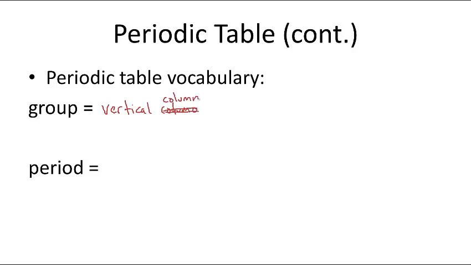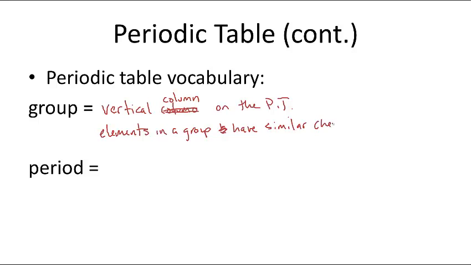And elements that are in a group are oftentimes called families. So elements in a group are a family because they have similar chemical properties.